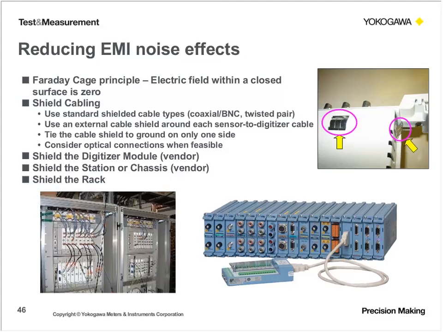You'll also want to pay careful attention to the cabling that you're using. If you have any exposed cabling, maybe a metal alligator clip that's exposed, or a twisted wire pair that has some metal exposed, these are all cases where that metal can pick up EMI noise, and that noise can translate to either common mode voltage or normal mode noise.